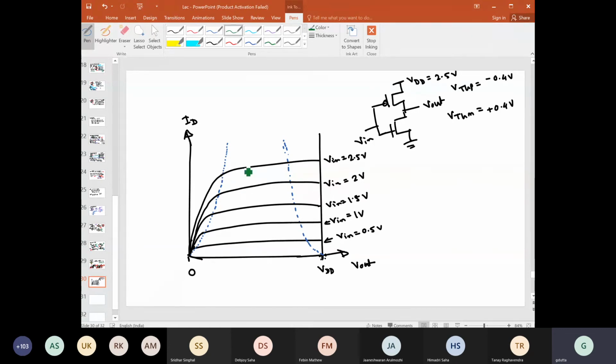So for PMOS, if we draw it from this side, this characteristic is for V in equal to 0 volt, because when V in equals 0 volt, this difference is 2.5 volt maximum, so you have a maximum current, right?